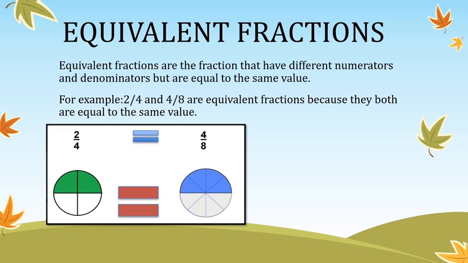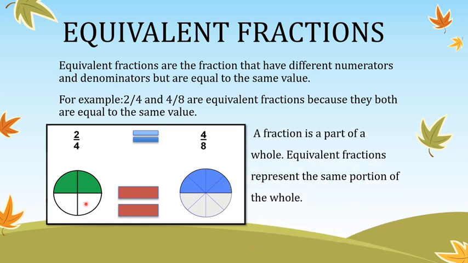Here in the picture, the fractions that you are seeing, 2 by 4 and 4 by 8, are both equal. How? Both have the same area shaded. This circle is divided into 4 equal parts, whereas this circle is divided into 8 equal parts.